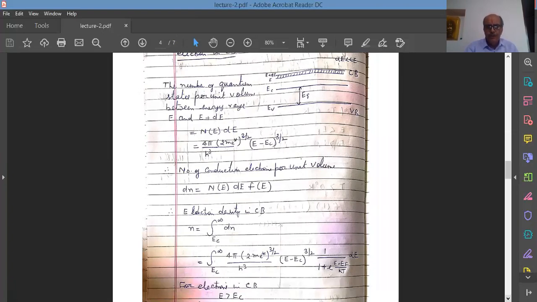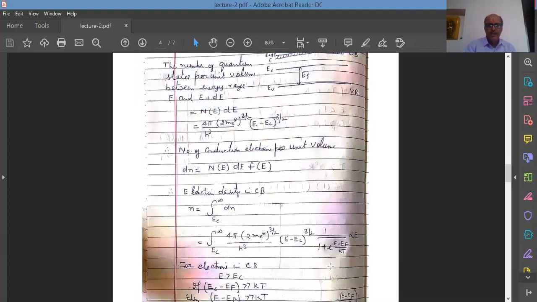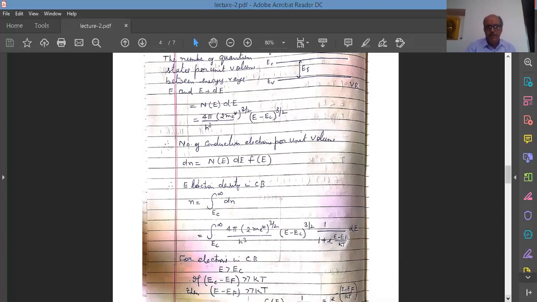So we are now going to put all those values here, and you can see that it is 4 pi into 2me to the power 3 by 2 divided by h cube, and then (E minus EC) to the power of 3 by 2 into 1 upon 1 plus e to the power (E minus EF) upon kT, multiplied by dE. Now here we are going to simplify it.